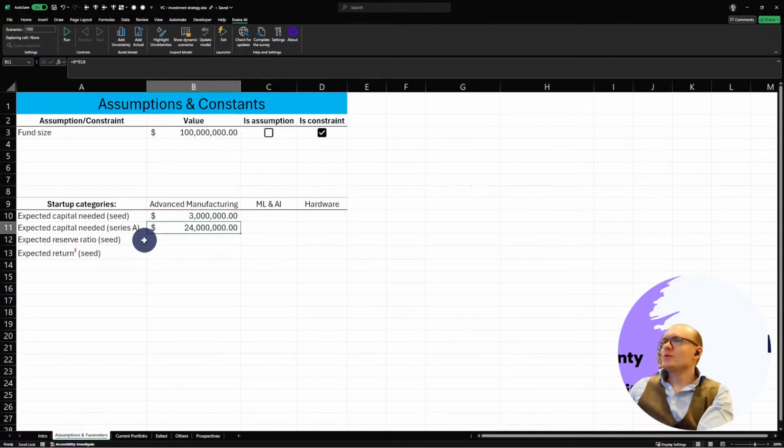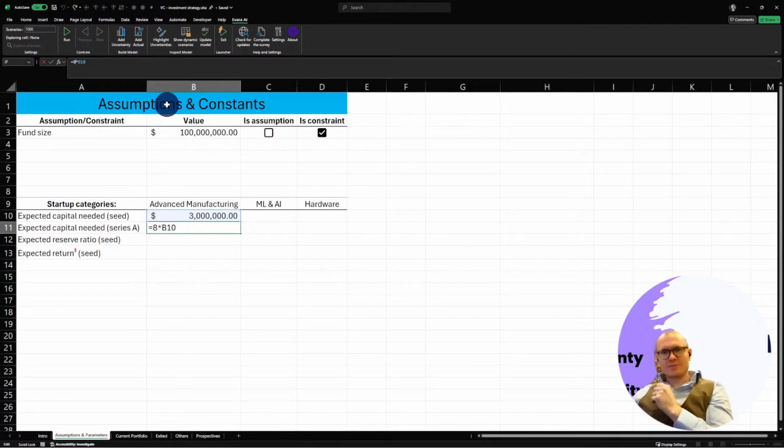Now, the next one is how much would we need at Series A at that point in time on average. So this is going to be in a similar fashion as before, where we will be calculating the expected capital needed as a factor multiplied by the amount needed during the seed stage.